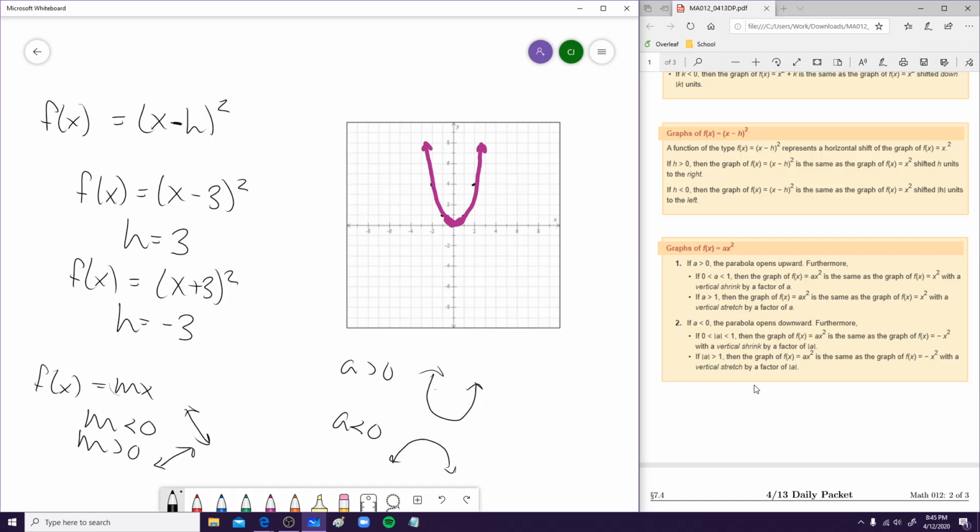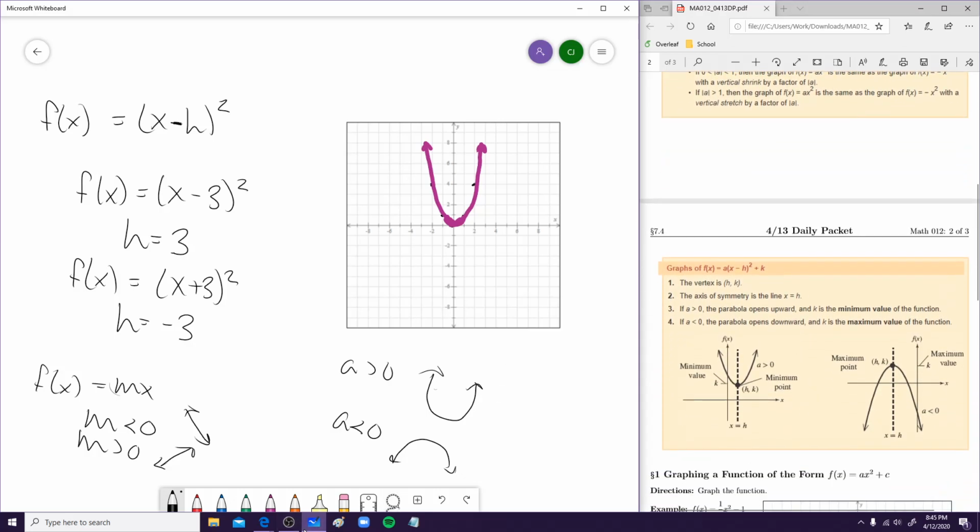If a is between 0 and 1, then the graph shrinks. If a is greater than 1, the graph stretches vertically. Same thing for the bottom, right? But those are not as important. I just want you guys to focus on the very first statement of each one, knowing that if a is positive, it opens upward, and if it's negative, it opens downward.